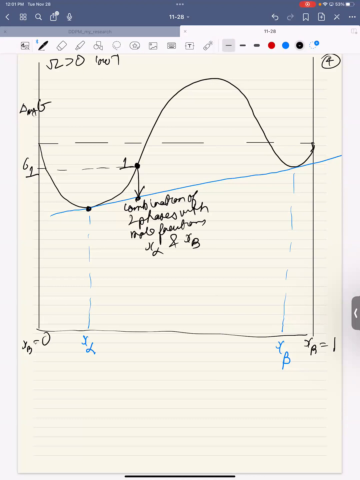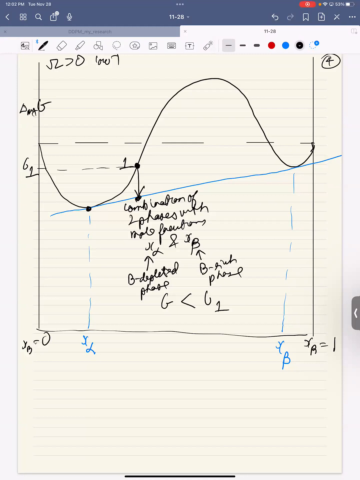The X alpha phase is a B depleted phase, while the X beta phase is the B rich phase, right? And the free energy of this is going to be lower than G1. You can see that from the straight line, right? And why can these two phases coexist?